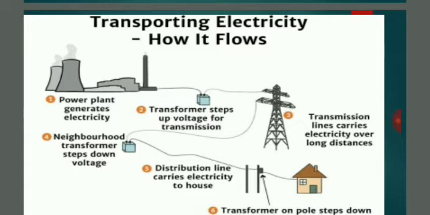These transmission lines carry electricity over long distances. When you go to villages or far places, I think all of you have seen these transmission lines that you see on number 3. Look at number 3, and this number 3 is called transmission lines.